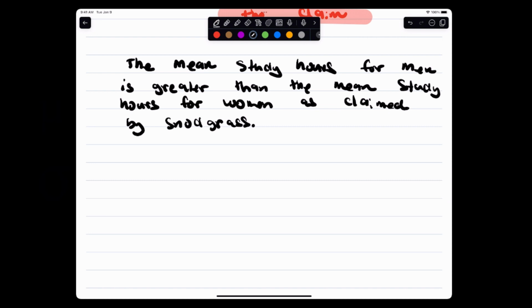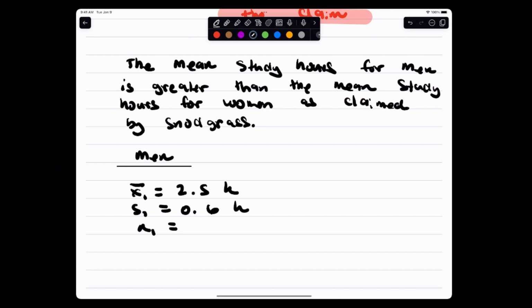Okay. So here's the sample information for the men. Guess what? The men study, maybe in a day, for 2.4 hours. The standard deviation of 0.6 hours, and then the sample size for that first group is 50.